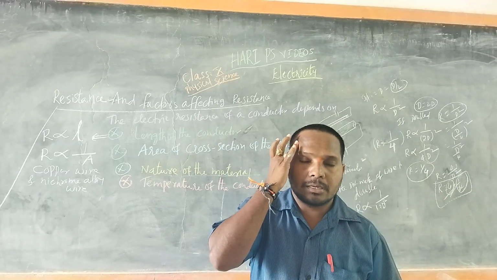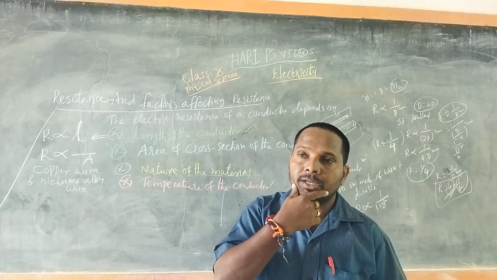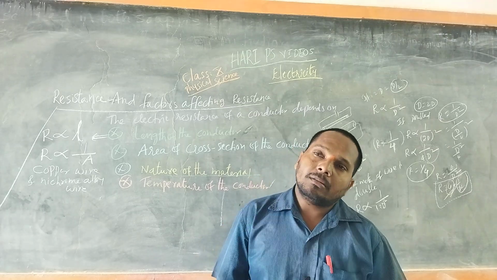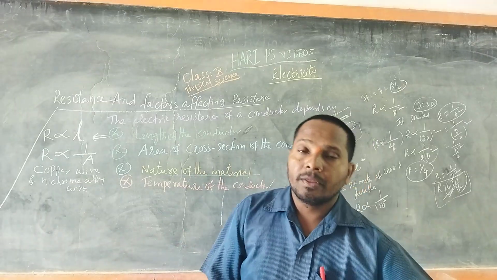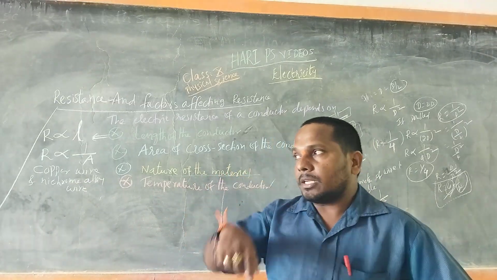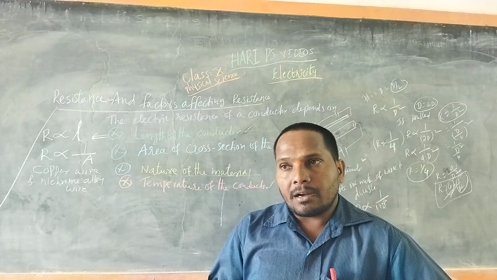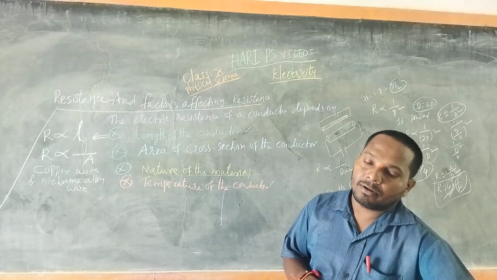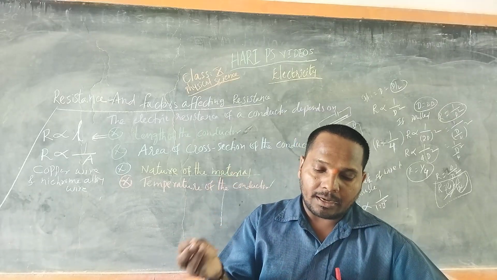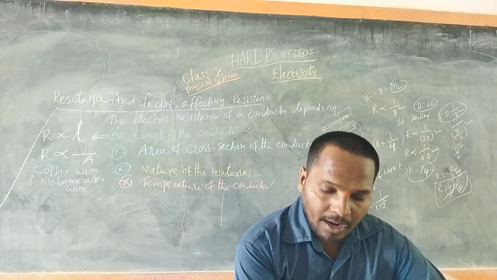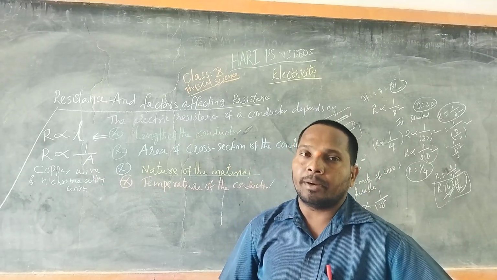Pure metals like silver, copper, aluminum, zinc: their resistance increases when their temperature increases, and decreases when their temperature decreases. But the resistance of alloys like manganese, constantan, and nichrome is almost unaffected by temperature.